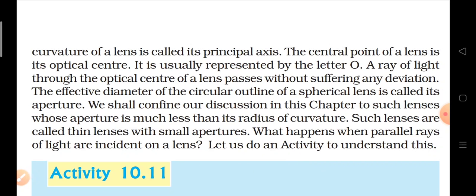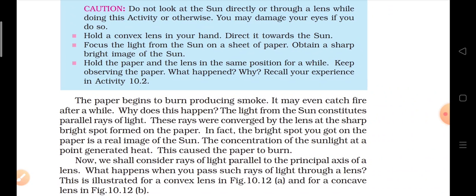What happens when parallel rays of light are incident on the lenses? When parallel rays of light are incident on a convex lens, it converges them, and on a concave lens, it diverges them.